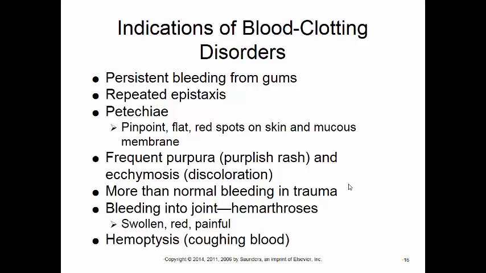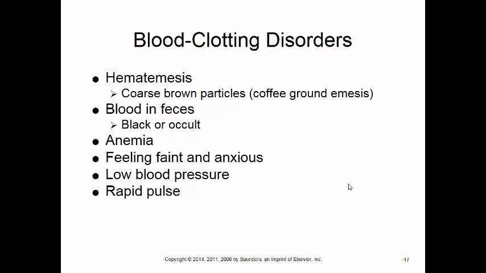You often see more bleeding than normal in trauma, and you can also have bleeding in the joints, which is hemarthrosis, and also coughing blood, hemoptysis, and throwing up blood, hematemesis, where the blood is vomited and looks like coarse brown particles, almost like coffee ground emesis.